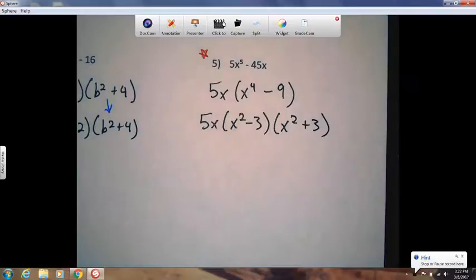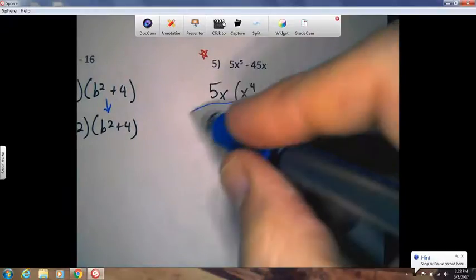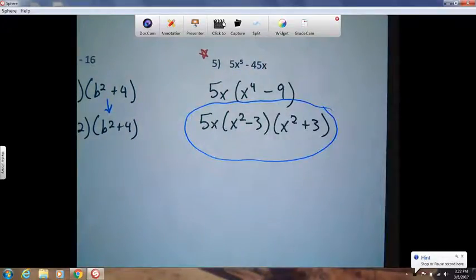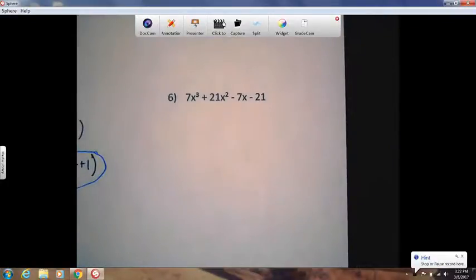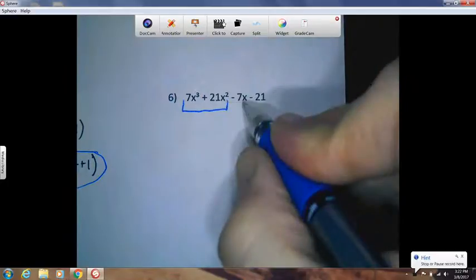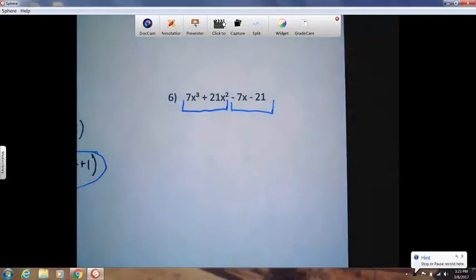Okay, and the last one kind of goes back to grouping. It's a little more complicated, so that's why I want to show you an example here. I have 4 terms, so I'm going to factor by grouping. So I'm going to factor these two. I'm going to find the greatest common factor. It's 7x squared, x plus 3.